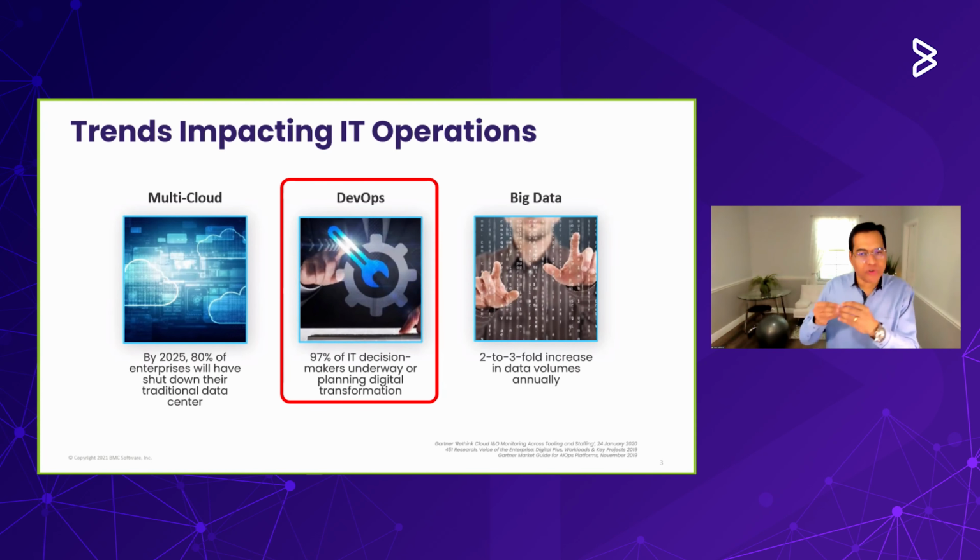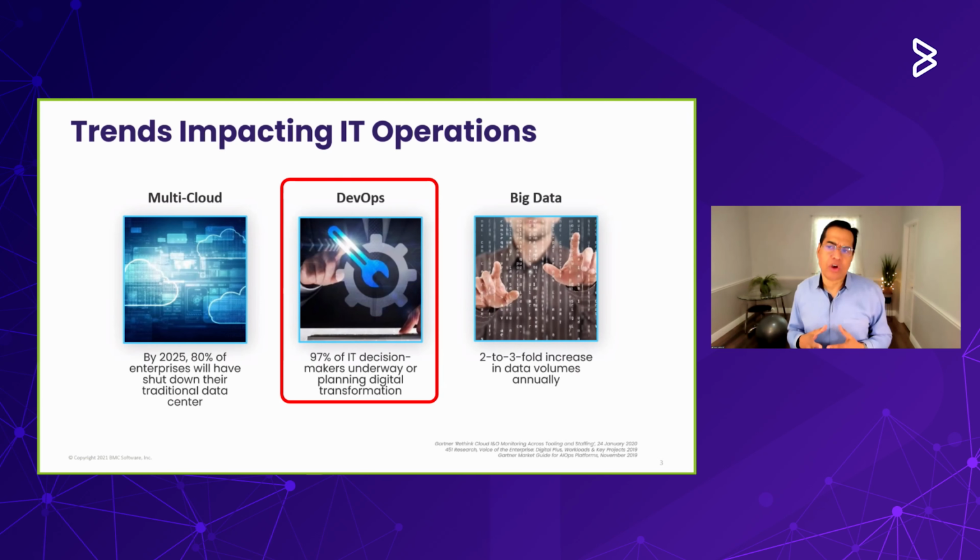DevOps, which is really the focus of this conversation, is the growth in adoption of DevOps initiatives, driving faster and more frequent app releases, which puts undue pressure on IT ops teams to manage the availability and performance of those apps. DevOps initiatives demand speed, fast time to value, and reduced friction in deployment and monitoring processes.